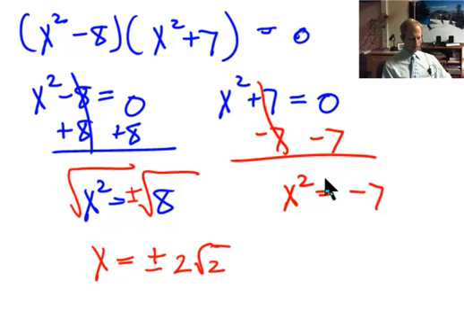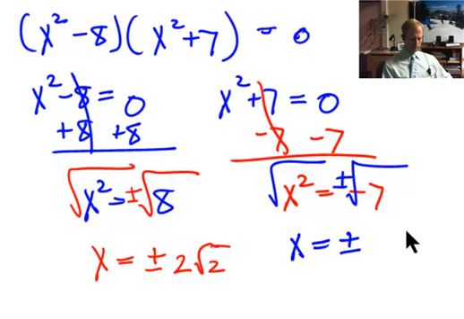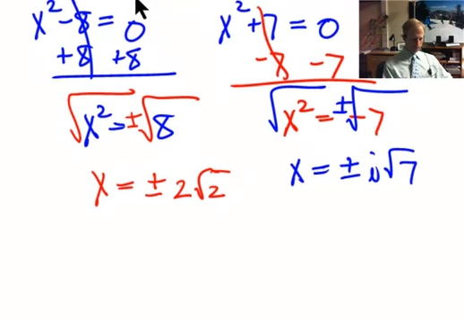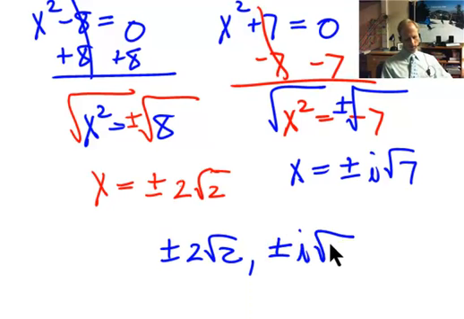So x is, I'm going to take square root of both sides, plus or minus on the right. I get x equals plus or minus, now the square root of negative 7 is i times the square root of 7. And I have my 4 solutions. And they are plus or minus 2 radical 2 and plus or minus i radical 7.